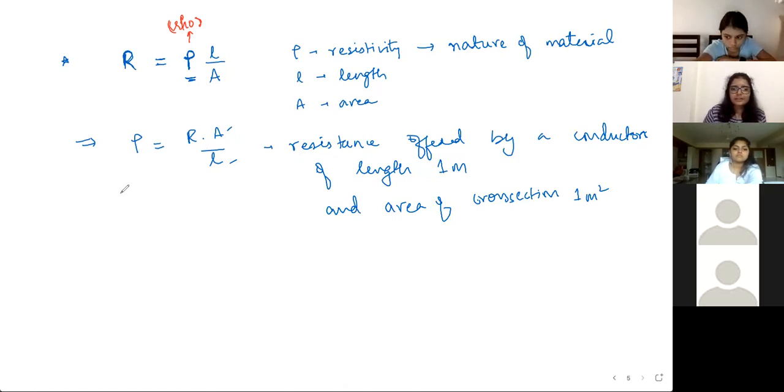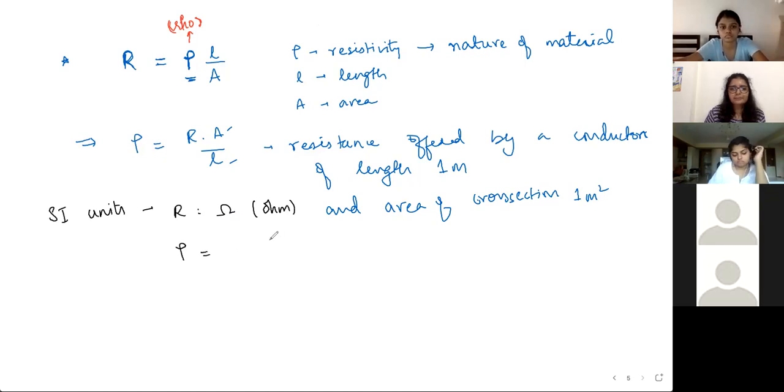Before we get there, let's also talk about the SI units. The SI unit of R will be ohm. Yes, this is the symbol, also called ohm. Resistivity ka SI unit will be? Rho is equal to RA by L, right?